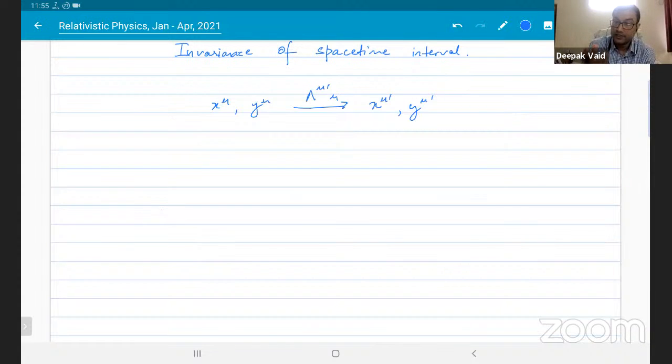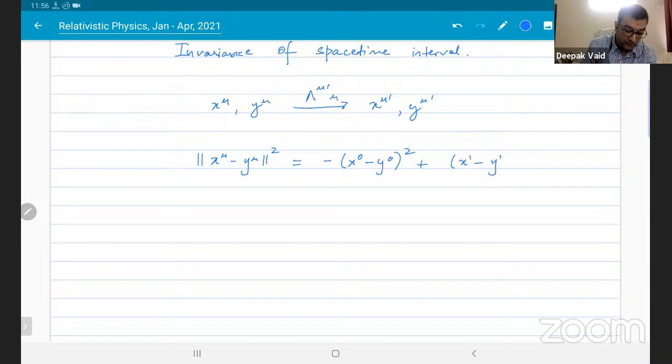Now we have this notion of a distance between two points, right? What is that notion of a distance? The norm squared. How do I write this? I write this as minus, again, I'm setting c equal to 1, so minus x0 minus y0 squared, the time component squared, plus x1 minus y1 squared.